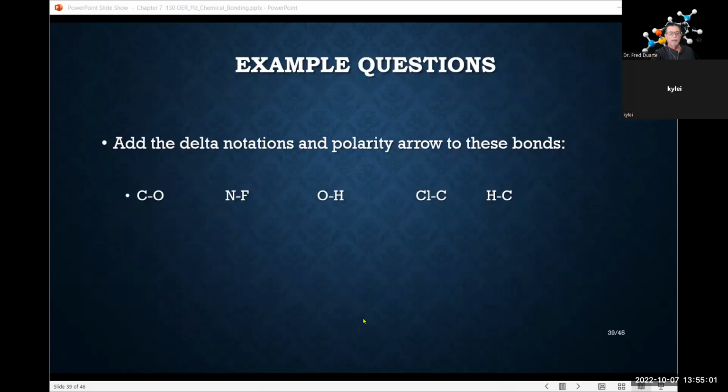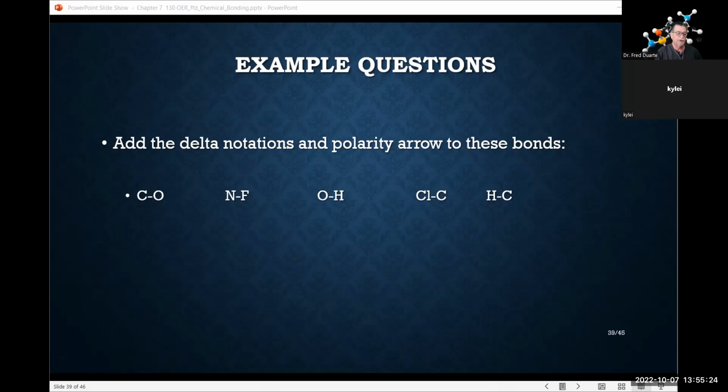All right. So here they might ask you to write the delta notation, which is the delta partial positive and partial negative, and then the polarity arrow, where the arrow point goes to the most electronegative element. So again, here we have carbon and oxygen.